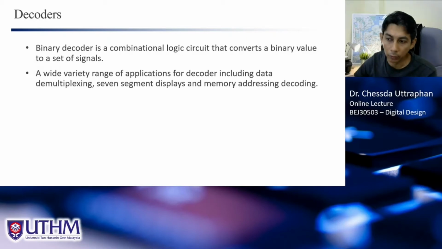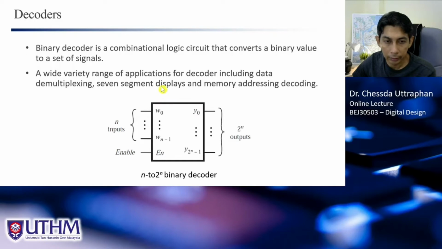For example, if you have 1 MB memory, you need to have 1 MB addresses, which is very, very big. So we will use what we call the memory address decoder to decode the address, so that we can go to the correct location or correct address in the memory.